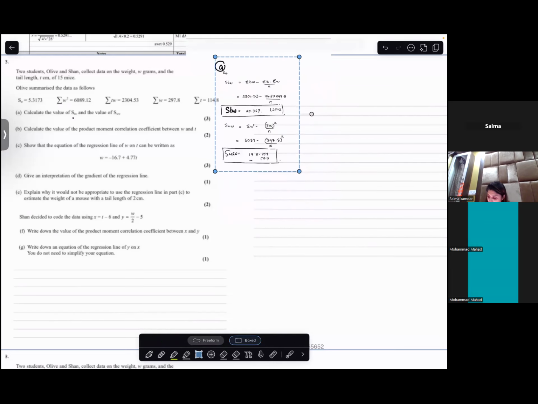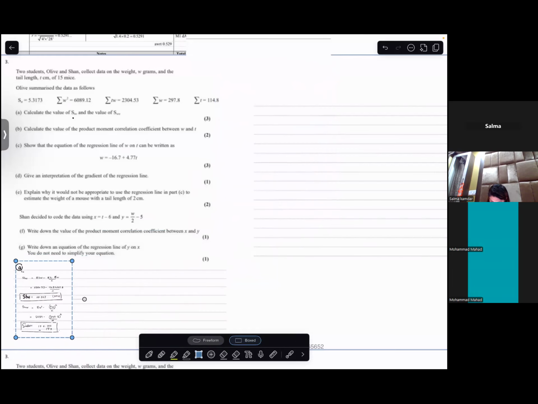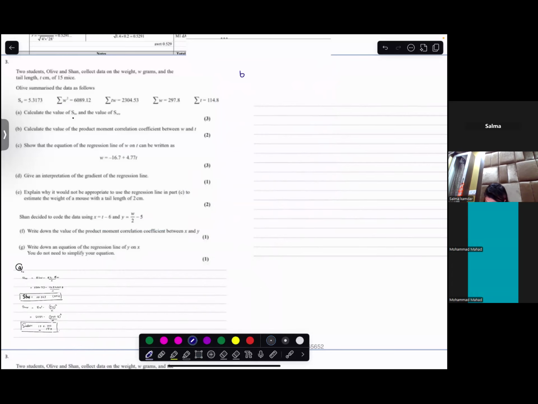Between W and T means calculate the product moment correlation coefficient. How strong is the correlation between W and T?